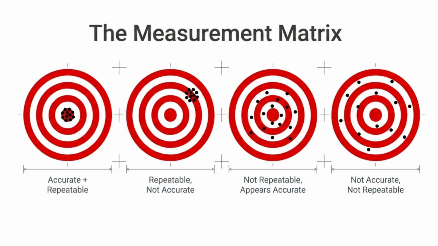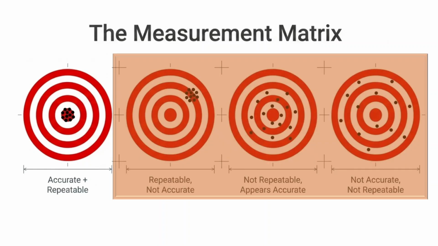Now, look at the 4 target diagrams on the slide. This is one of the best visual tools in all of instrumentation. So, I want you to really take a moment with it. Accurate and repeatable. All your shots are clustered tight, right in the bull's eye. That's the ideal. Not accurate, but repeatable.